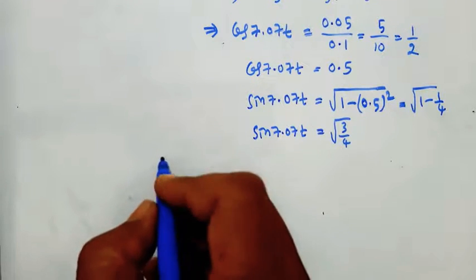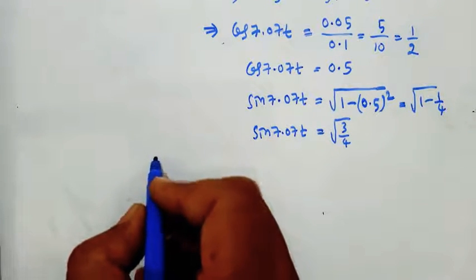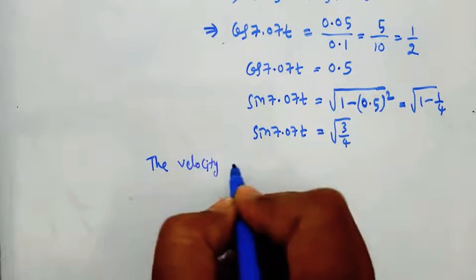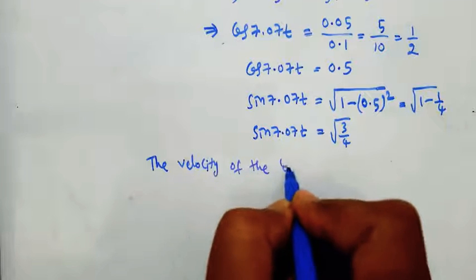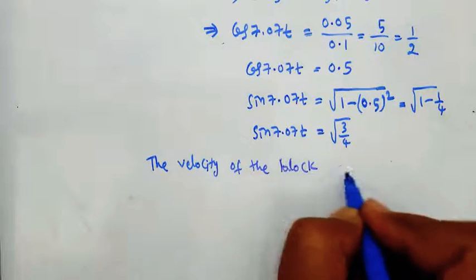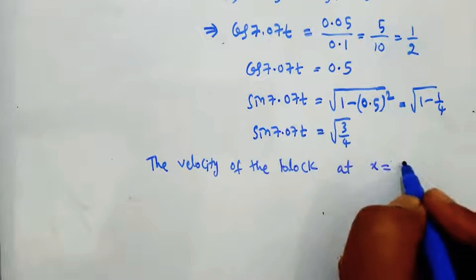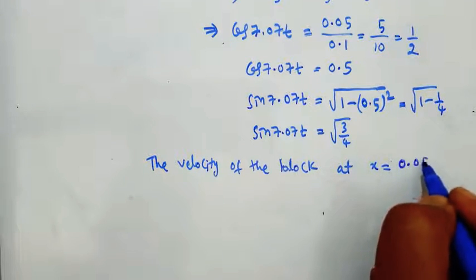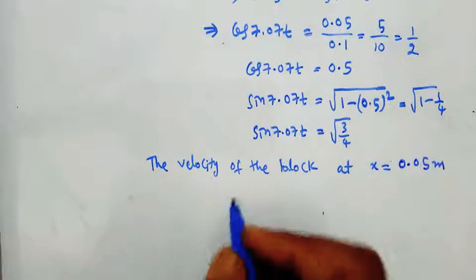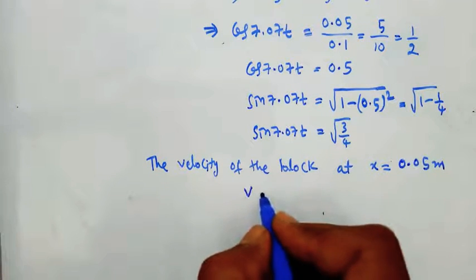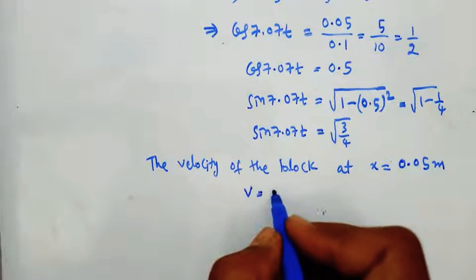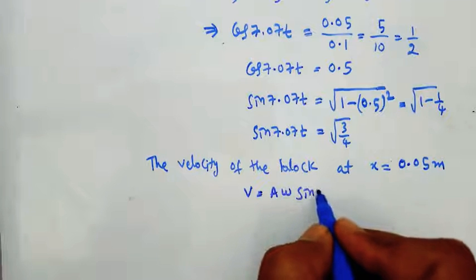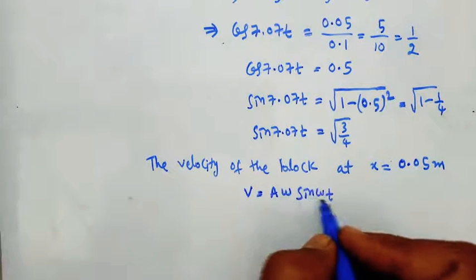Here the velocity of the block at x is equal to 5 centimeters, that is 0.05 meter. We have a formula, v is equal to A omega sin of omega t plus pi, that is omega t.